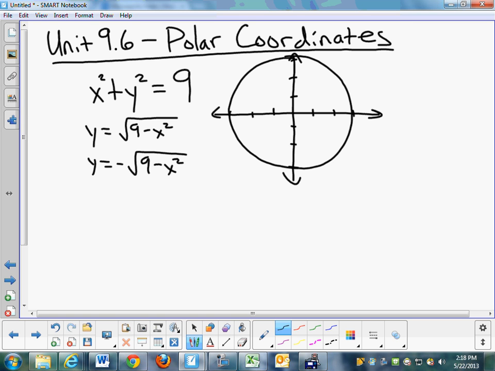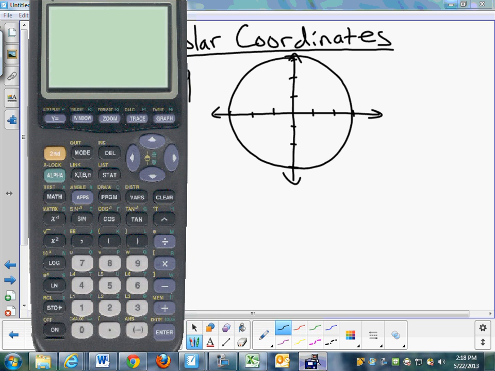Let's type that into our calculator. I've got the square root of 9 minus x squared, and I've got negative square root of 9 minus x squared.